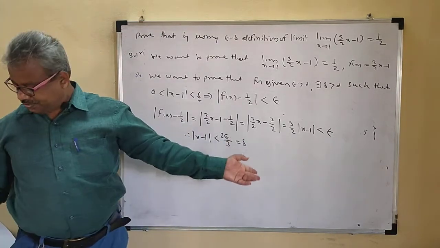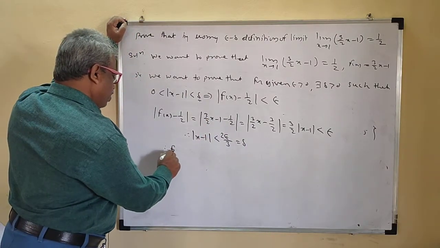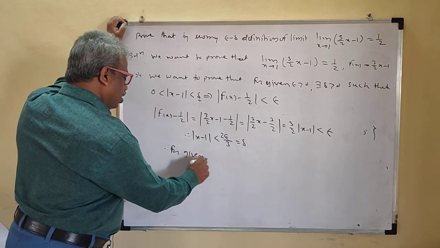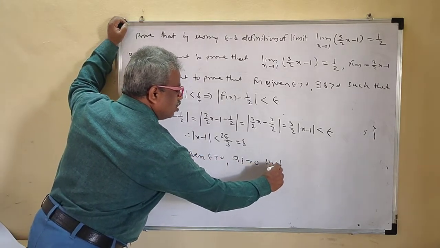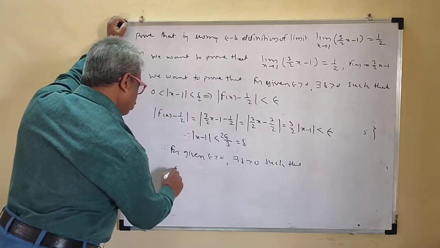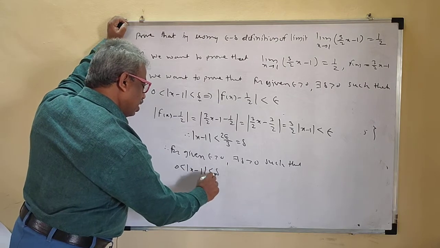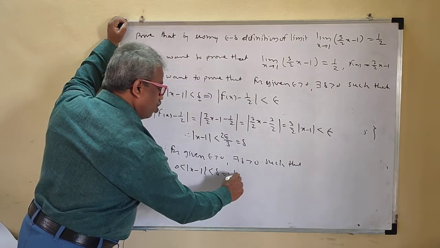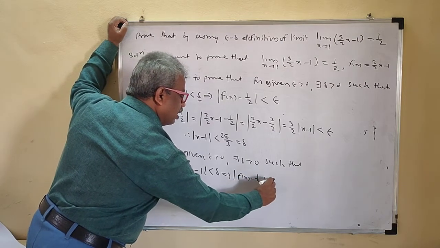Thus, automatically we get x minus 1. Therefore for given epsilon greater than 0, there exists delta greater than 0 such that 0 less than mod of x minus 1 less than delta implies that mod of f of x minus half less than epsilon.